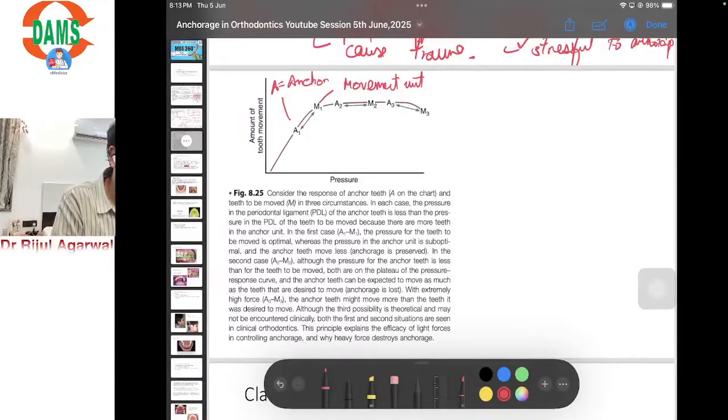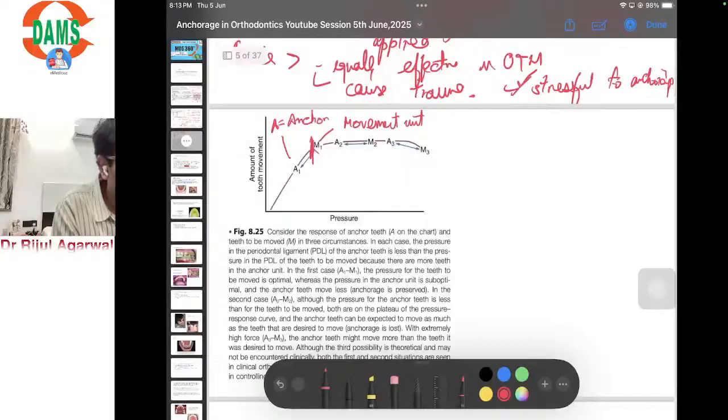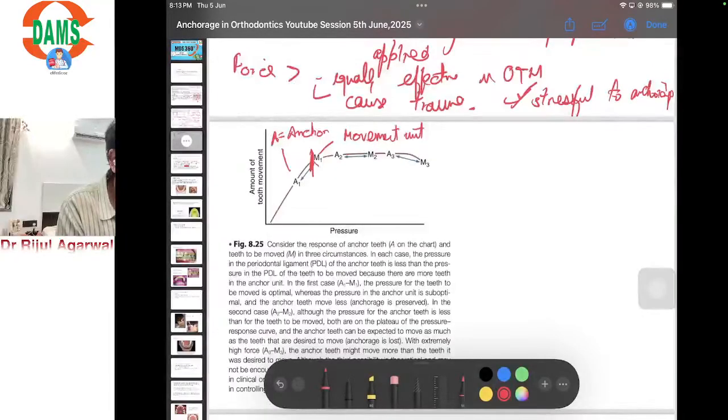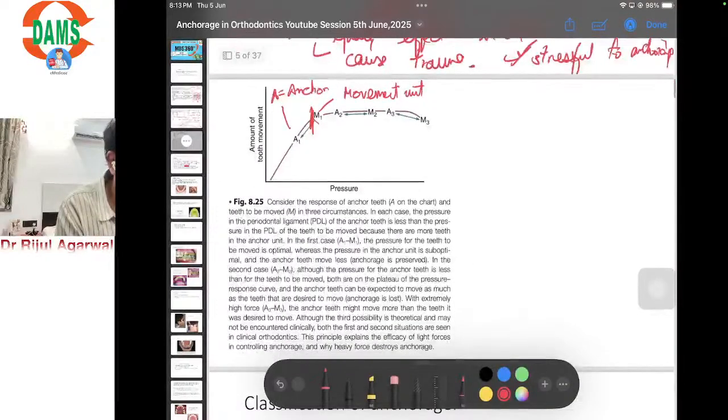So as I have told you before as well, the aim of orthodontic therapy is to keep the force or pressure on the anchor unit below the optimal level so as to have a desirable movement. So in the last point, as I said, if we increase the force beyond the threshold, it will be stressful to anchorage. So we understand this with a similar graph.